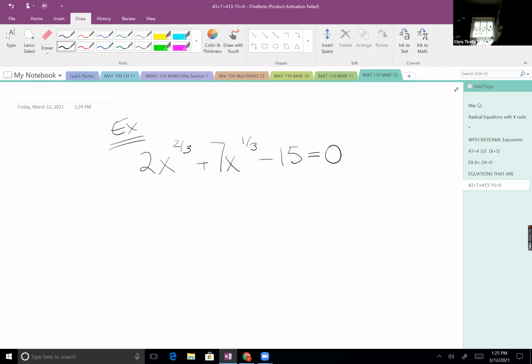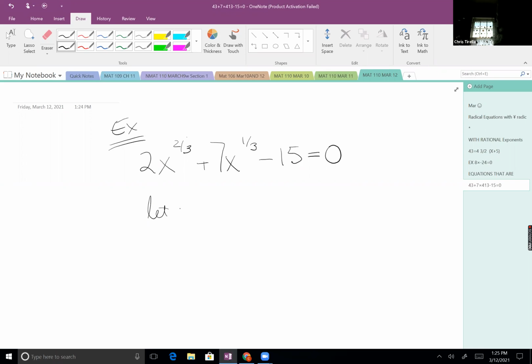With this one, does everybody notice I have a trinomial? I've got a constant term. And as I look at the variable parts, isn't 2/3 double of 1/3? So this fits that pattern, quadratic in nature.